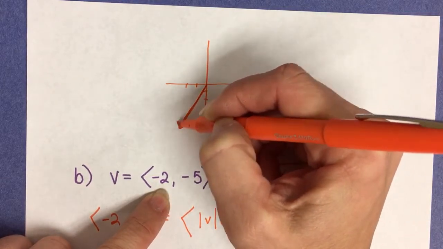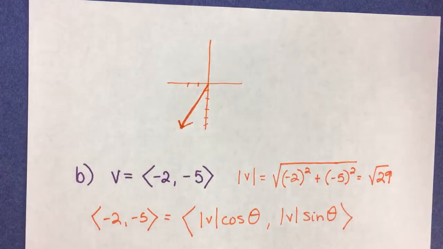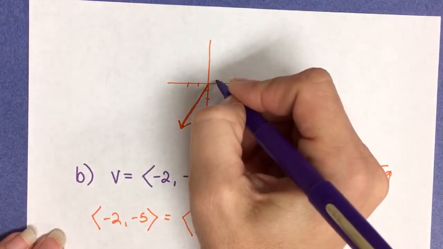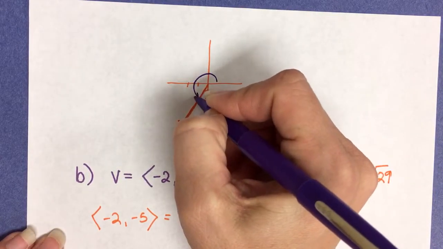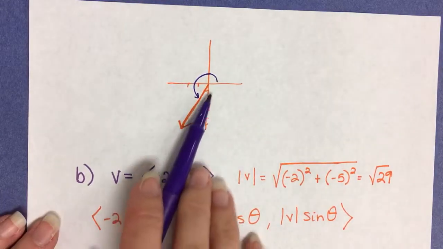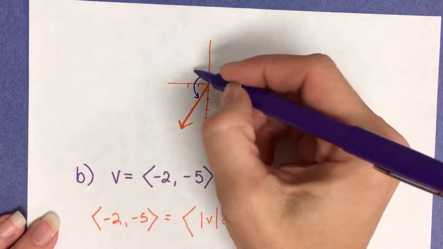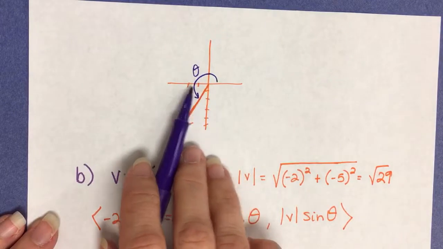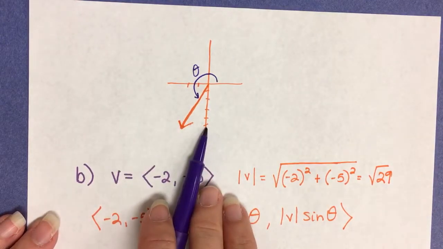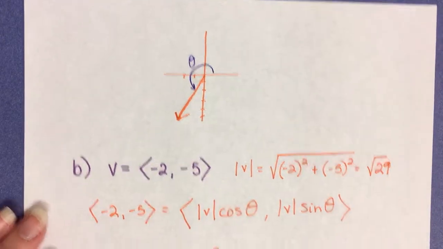All right, so our direction angle, remember, is measured from the positive end of the x-axis, okay? So you would expect that this angle here, theta, would be somewhere between 180 and 270 degrees.